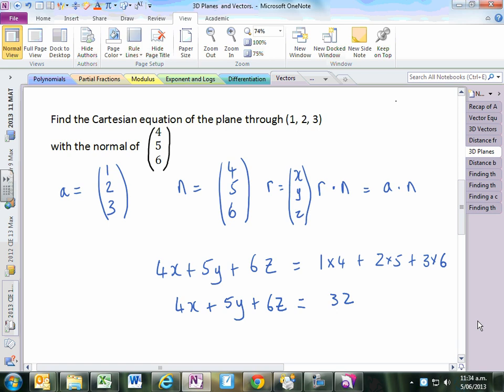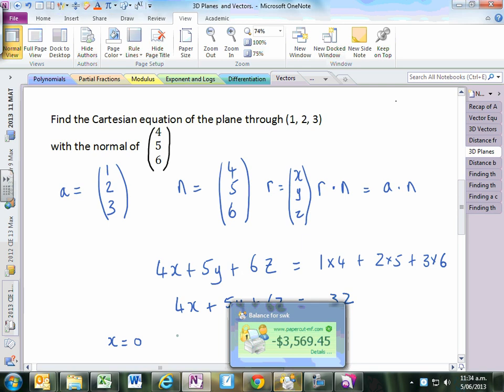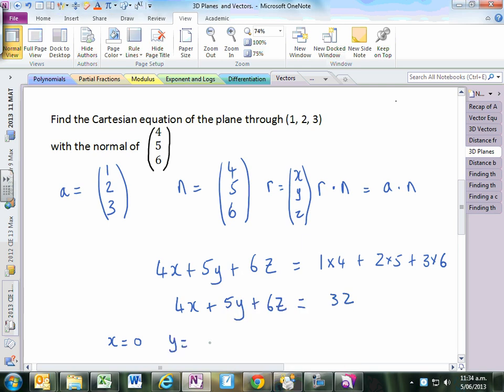Now, how can we find another point that lies in the plane? Well, there must be some point where x is 0, and maybe there's a point when y is 1. In which case we're going to get 6z is going to equal 32 minus 5.